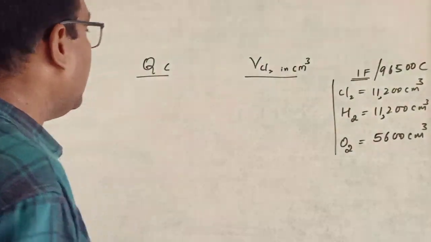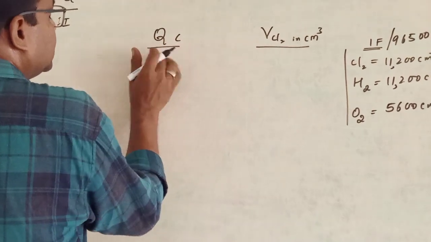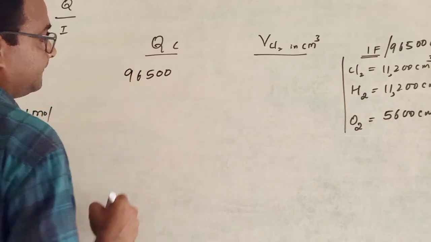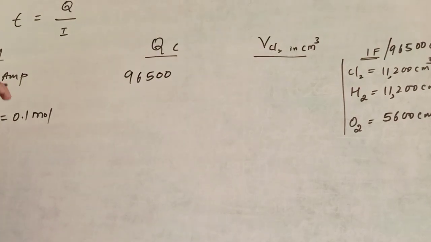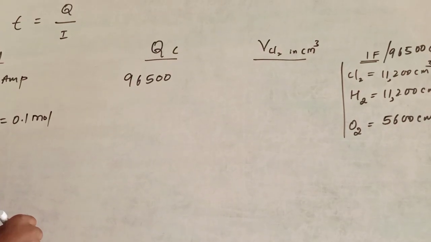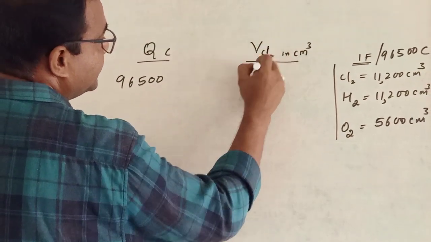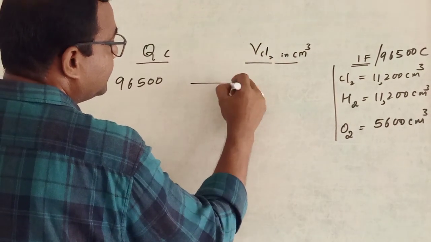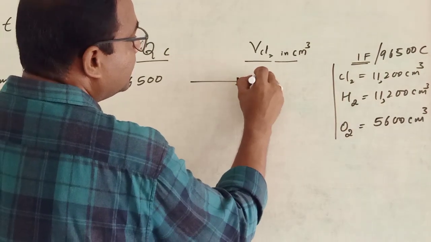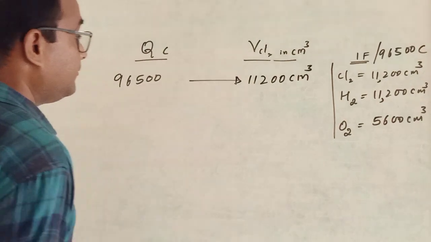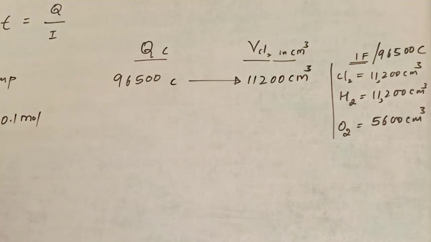Okay. Now, when 96,500 coulombs of current passes, the volume of chlorine gas released is 11,200 cm cube.